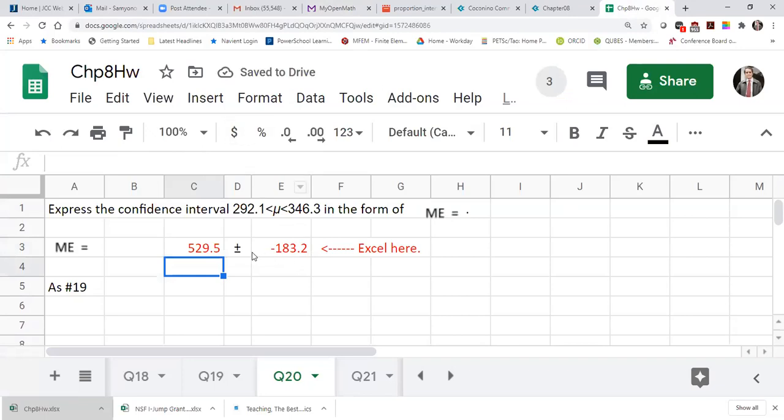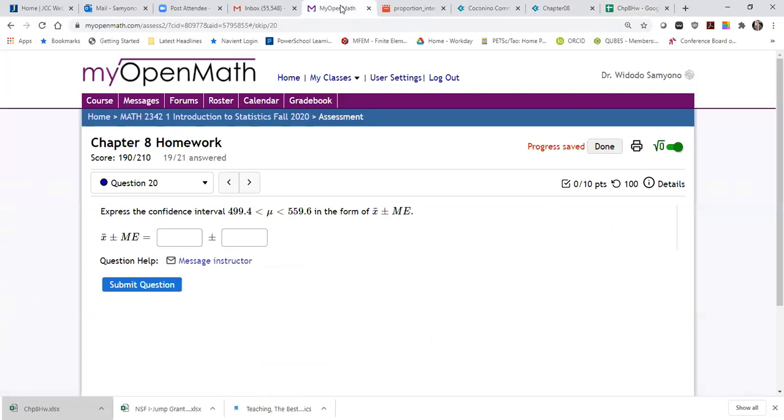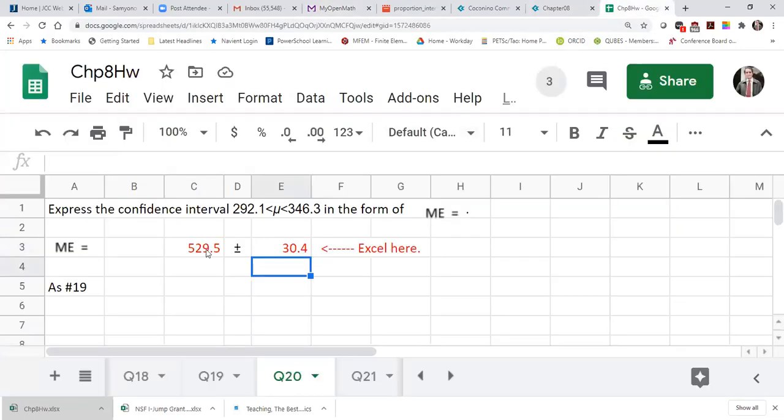Okay. And for the one on the right side here, you need to subtract 559.6, right? So on the left side, the answer will be this guy.